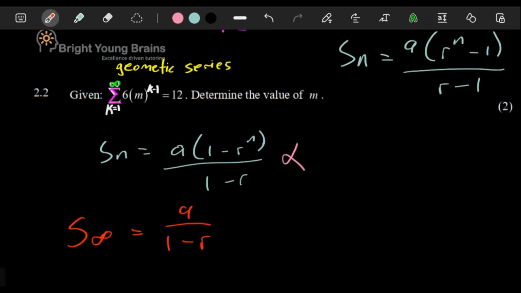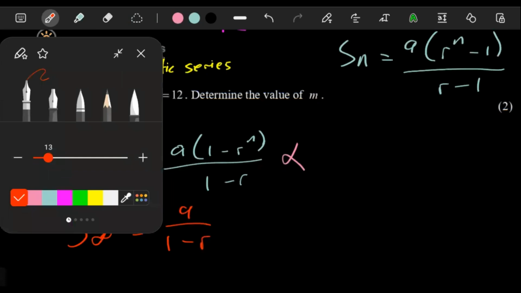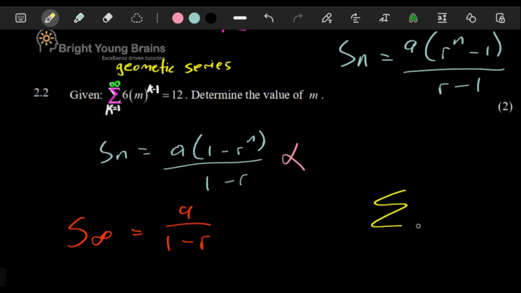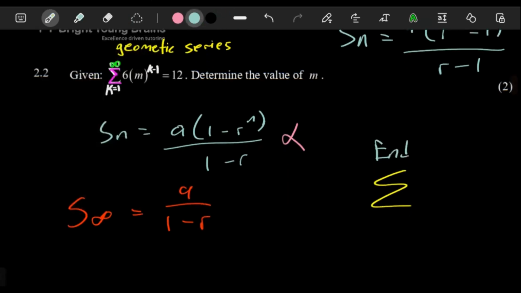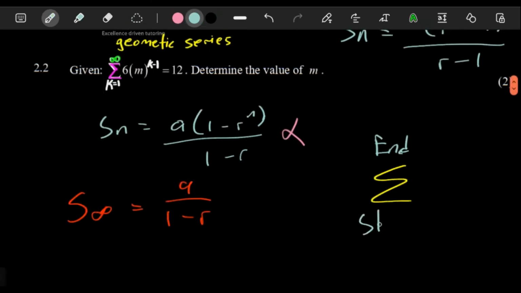Because remember, all sigma expressions have three pieces of information that they give you just from what is written out. You see there's a sigma symbol here. At the top, you'll always be told where you're ending. At the bottom, you'll always be told where you're starting. And then here, you'll always have the general term.